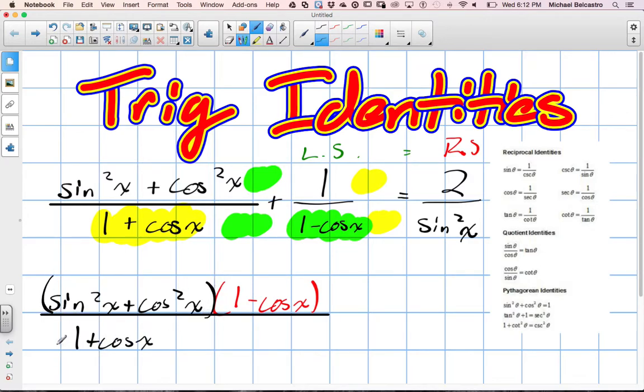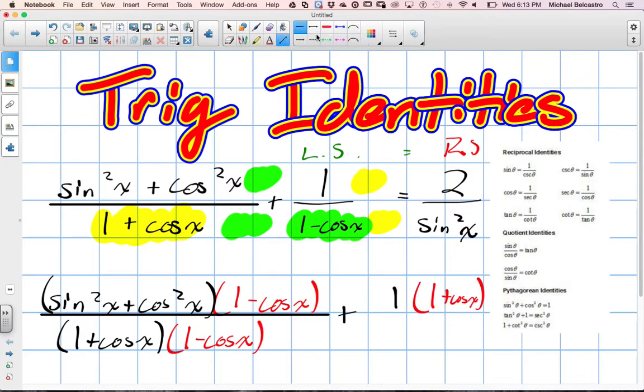It's going to be in brackets: 1 over cos x times 1 minus cos x. Okay, so that's just the first set. And then all of that is added to 1 times 1 plus cos x, just fits in there, divided by 1 minus cos x times 1 plus cos x.